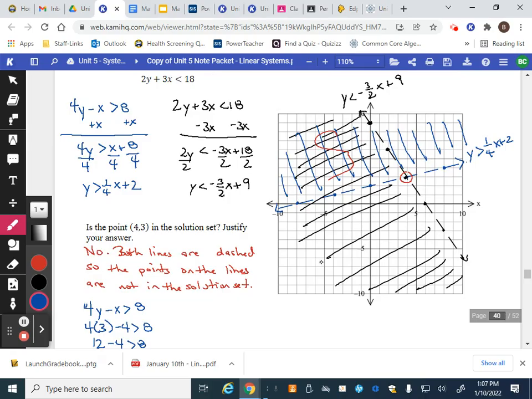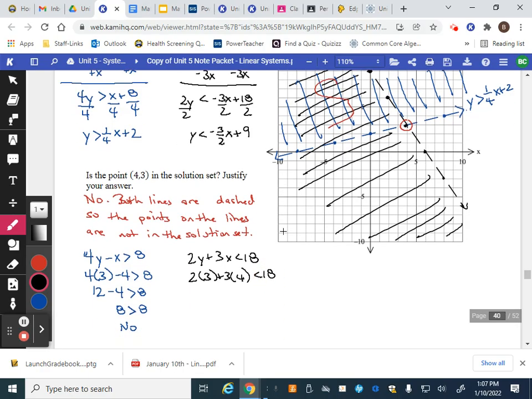And same thing for 2y plus 3x is less than or equal to 18: 6 plus 12 is 18, and 18 is not less than 18. So you can explain it, you can show it, justify gives you a little bit of flexibility. But either way, it's not in the solution set because it really doesn't make either of them true.